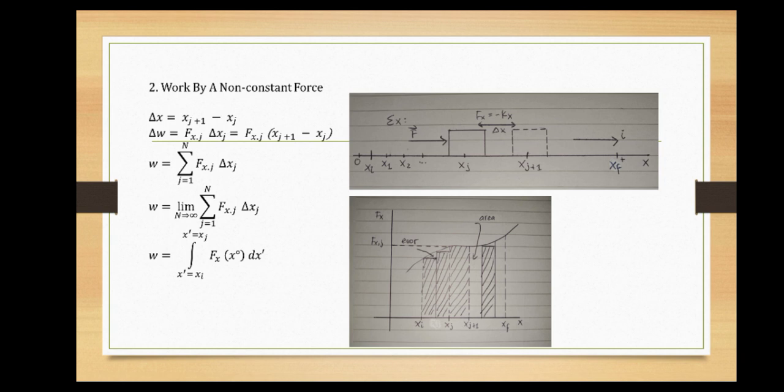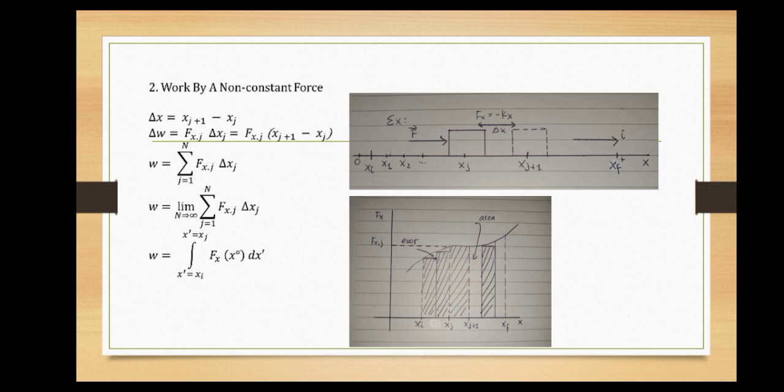Therefore, for this displacement, the work delta W is equal to the force F, a function of x, times the displacement, so you get Fx times (xj plus 1 minus xj). If we want the total work, we have to add, from j equal 1 to n, Fx of j delta xj. What does this sum mean? That is what defines work for a constant force.